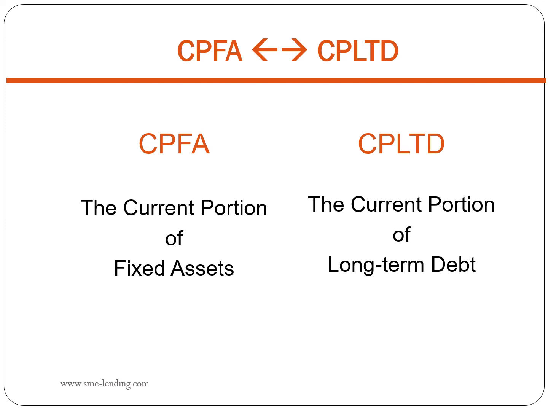Their names reflect this duality: the current portion of fixed assets and the current portion of long-term debt. In analysis, they must be kept together. They are created together when a fixed asset is acquired and financed by a new long-term loan, and they are reduced together when the fixed asset is used to generate revenue that repays the loan.